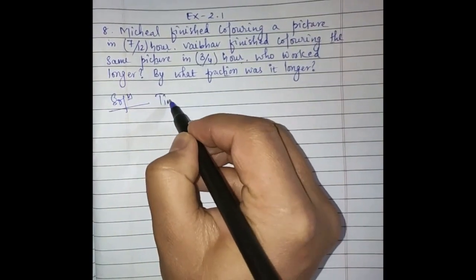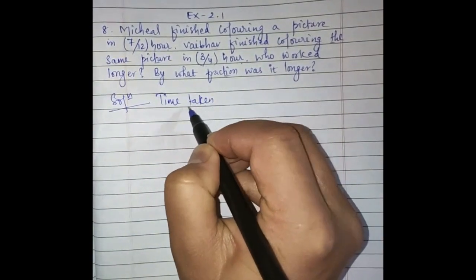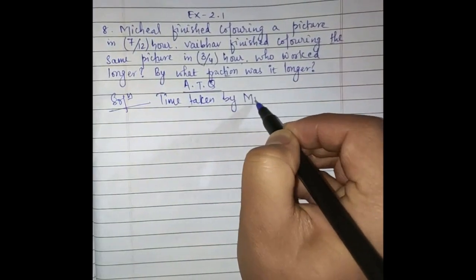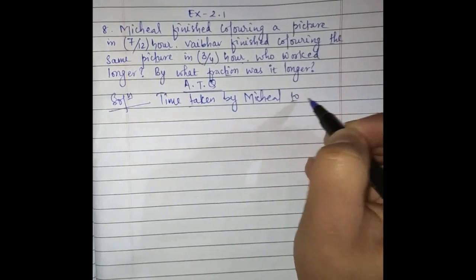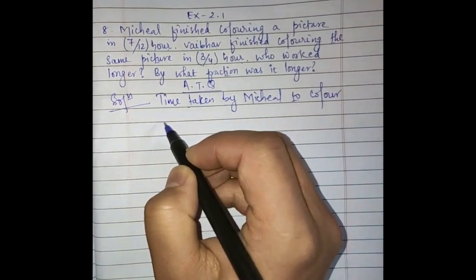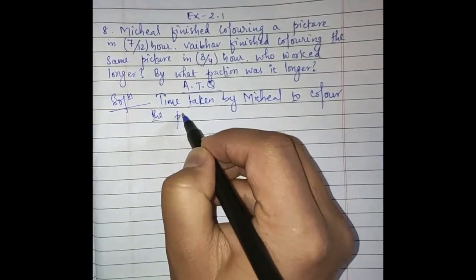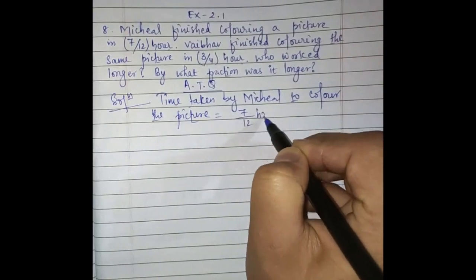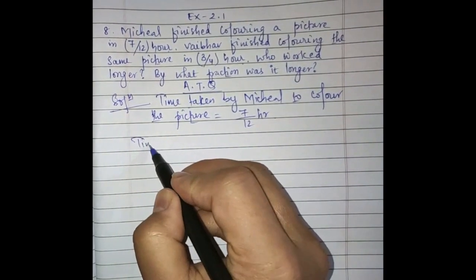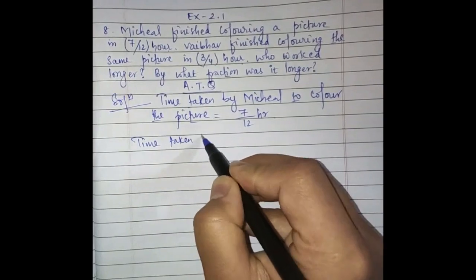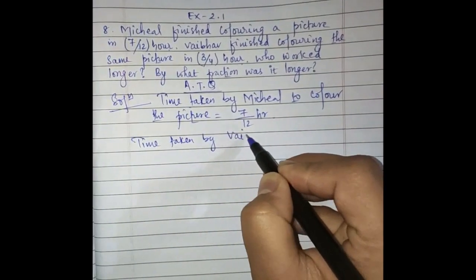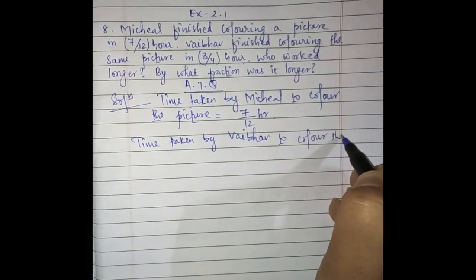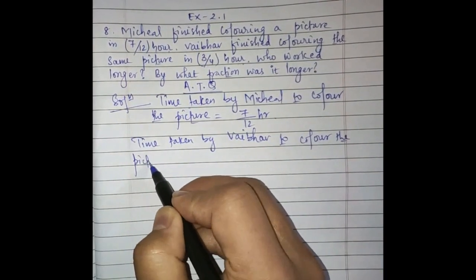Time taken, this is according to the question. Time taken by Michael to color the picture. To color the picture, Michael took how much? 7 by 12 hour, right? Similarly, time taken by Bhairav to color the same picture.